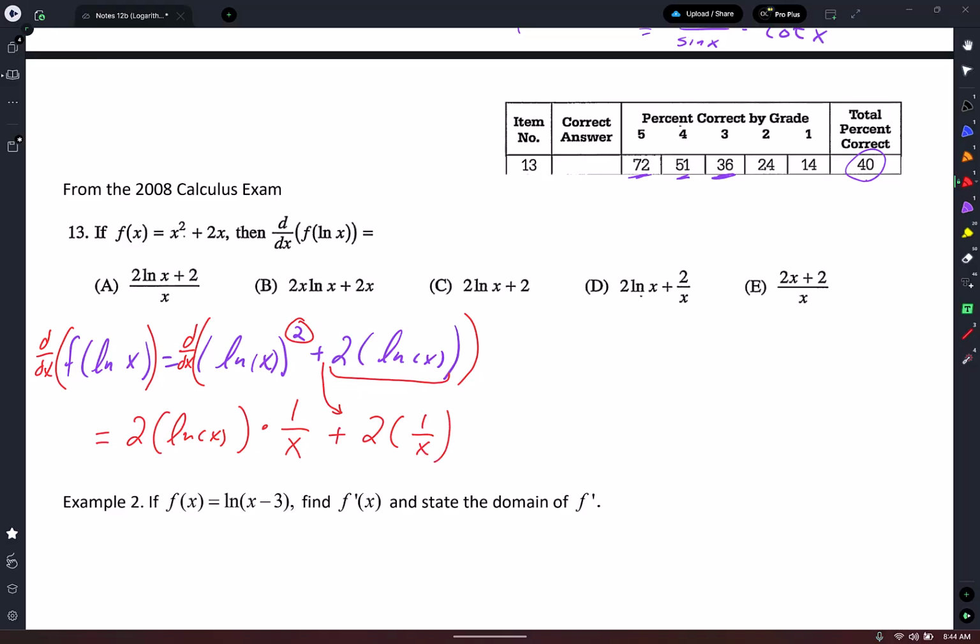It doesn't have a variable in the 2, so you don't do product rule. You just do 2 times 1 over x. You know what I mean? And there it is. And let's make it pretty. 2 ln of x over x plus 2 over x. The denominators are the same, so I can rewrite this as 2 ln of x plus 2 over x.